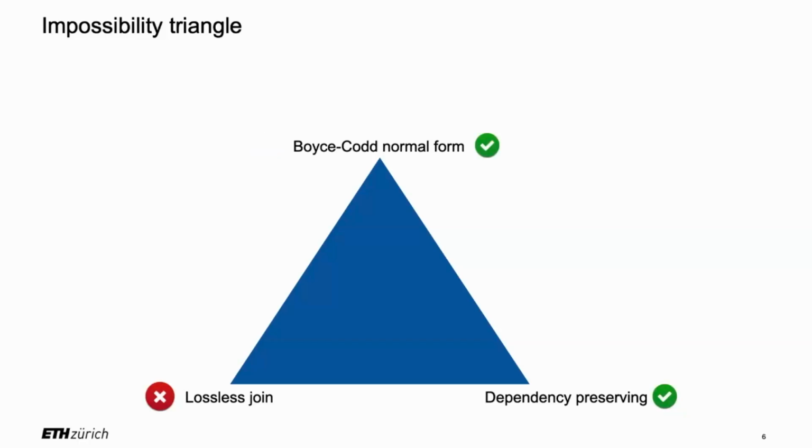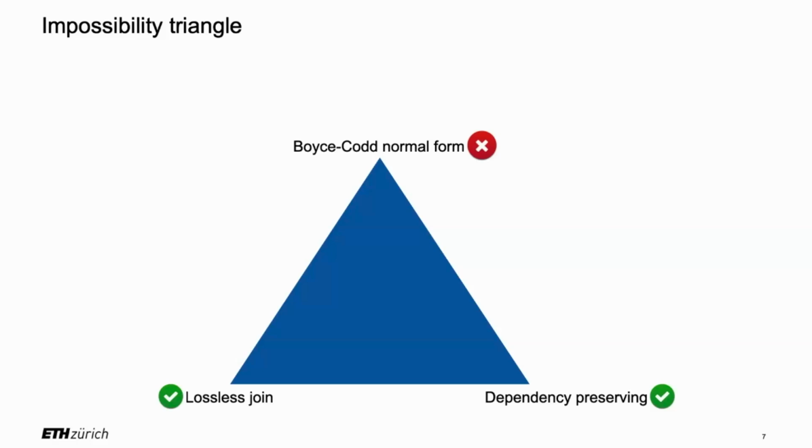Of course, you can try to tweak the triangle somewhere else, right? You can have BCNF and you preserve the dependencies, but the problem is that you're losing information. That is absolutely not recommended in real life. And you can also just drop the Boyce-Codd normal form, but keep it lossless and dependency preserving. That actually works.